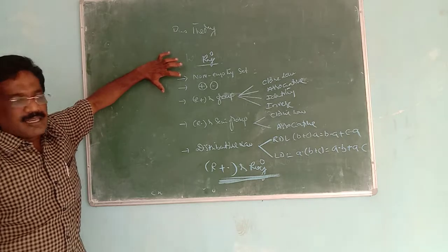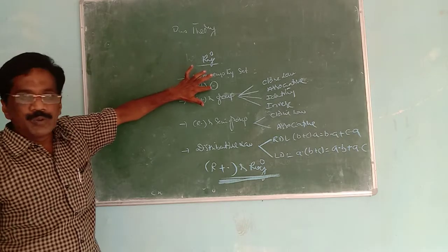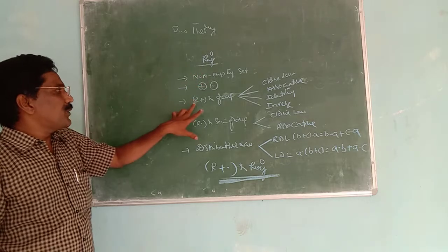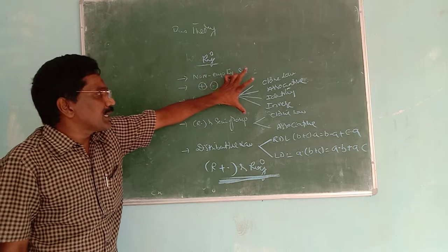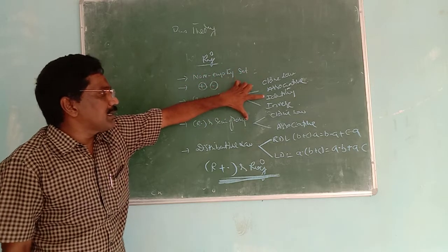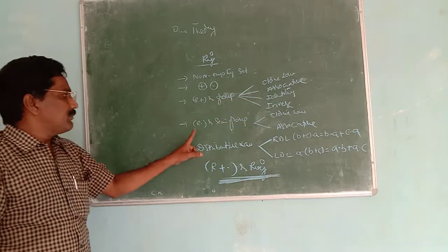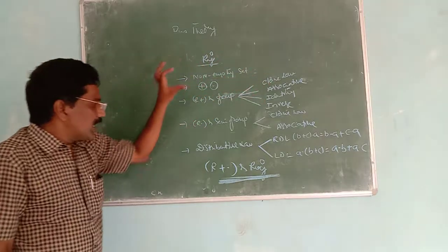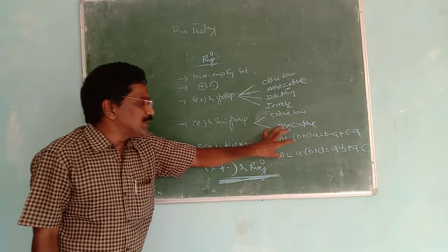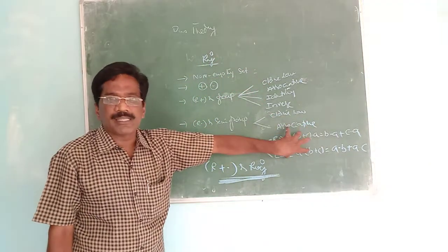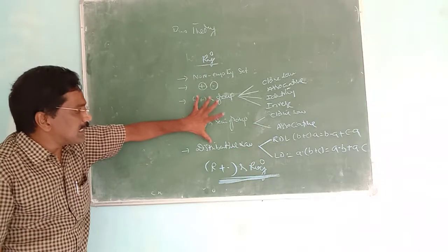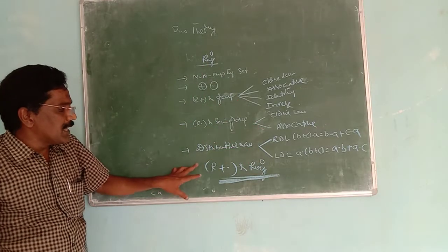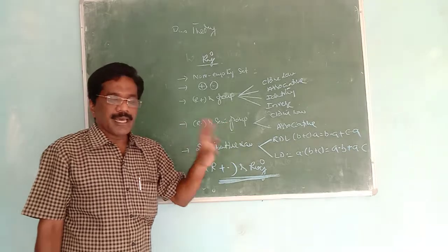We take a non-empty set, and addition and dot, two binary operations, are used. R plus is a group with four conditions: closure, associative, identity and inverse. R dot is a semi-group: closure and associative. And the distributive laws, right and left distributive conditions. When these three conditions are satisfied, R plus dot is a ring.